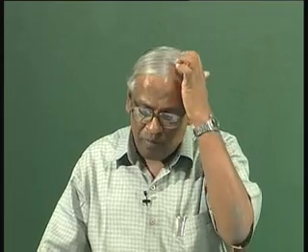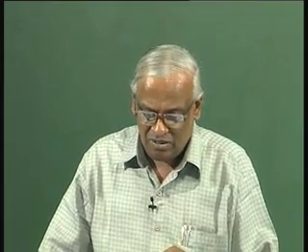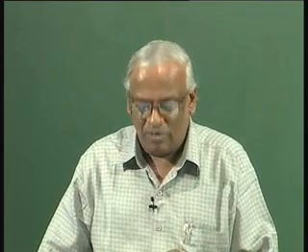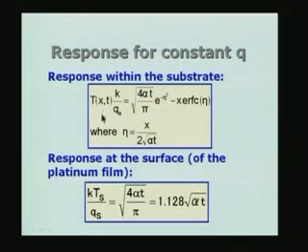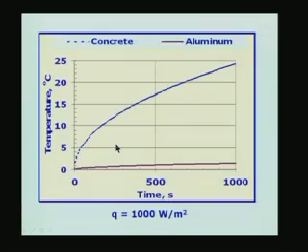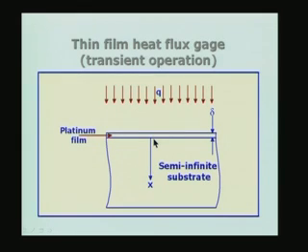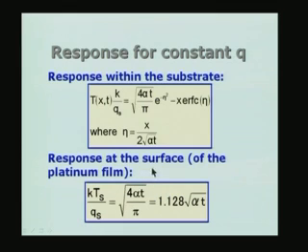And we can in fact show by a very simple solution to the one dimensional heat equation that the temperature of the substrate, so if you go back to the previous slide, I have measured x in a direction perpendicular to the surface, and I am now talking about the temperature within the substrate at any location x at a given time t.